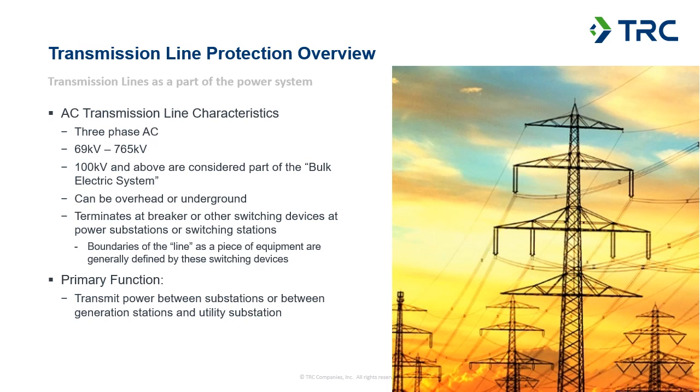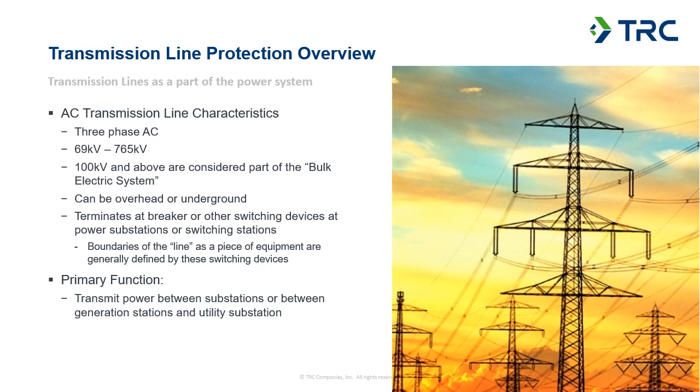Utilities vary in what they define as a transmission line versus sub-transmission, but in general, if you're looking at something between about 69 kV and up to 765 kV, that's generally considered part of the transmission system.